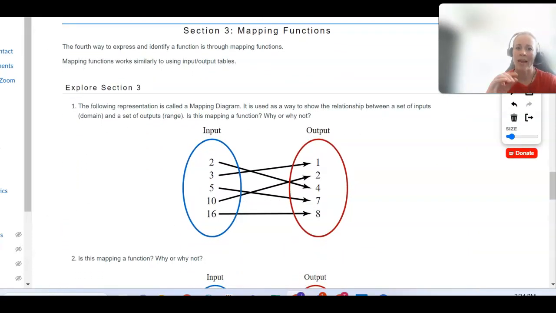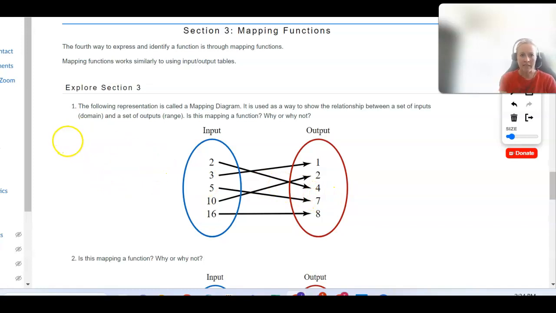Okay, another way to see if it's a function is through mapping these relations. Mapping these is really similar to input-output tables. These might look kind of weird, but pretty much all you're doing is writing the numbers.